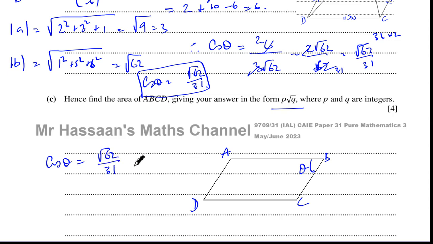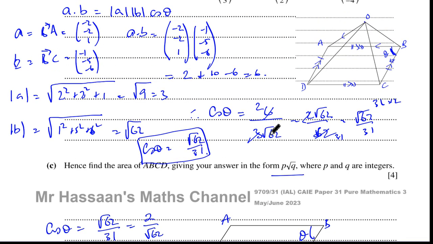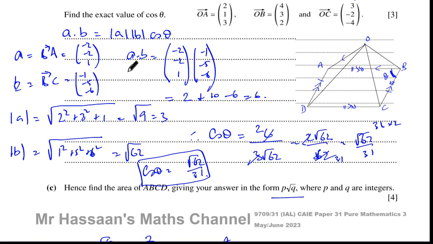Okay, that's the cosine of theta. Which we can also write as, for example, 2 over root 62. Okay, they're both the same as we saw from here. Now, I know that the vector from A to B, we already know its magnitude. The vector A to B its magnitude was 3.